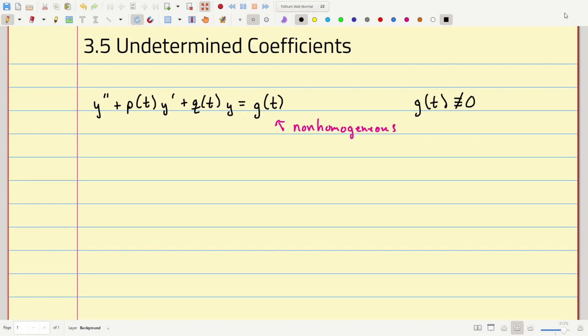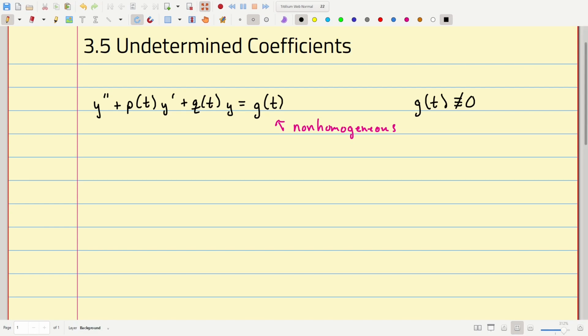Now, I don't say easy and hard as a measure of difficulty so much. It's a measure of the representability of the right hand side. If the right hand side is in a convenient form, then we can use the method of undetermined coefficients. If it's in an inconvenient form, then we have to use a different, more general technique. So that's the story here.